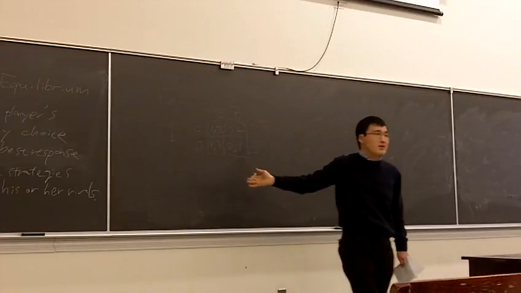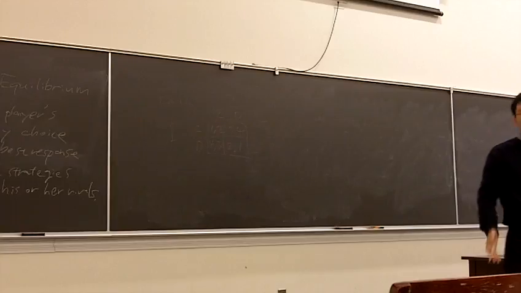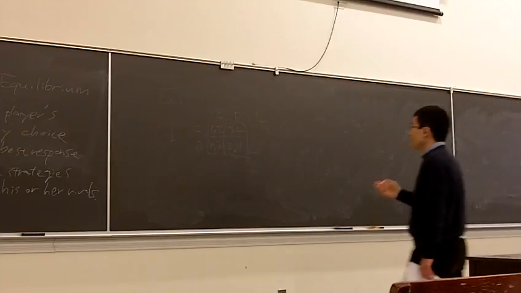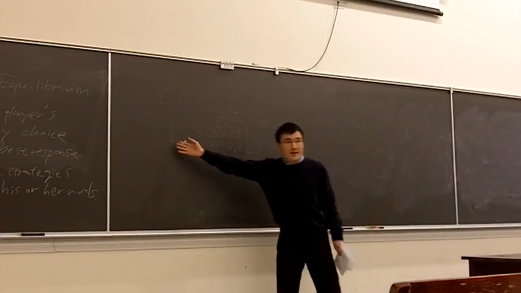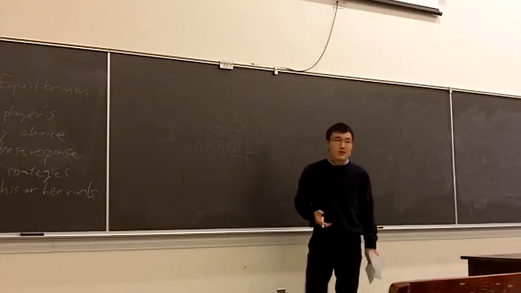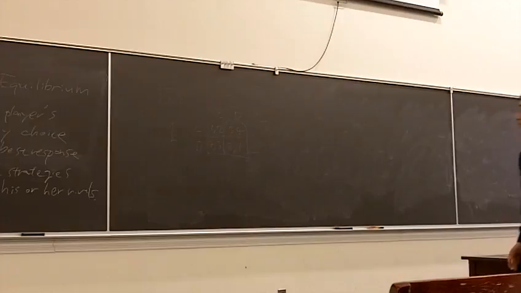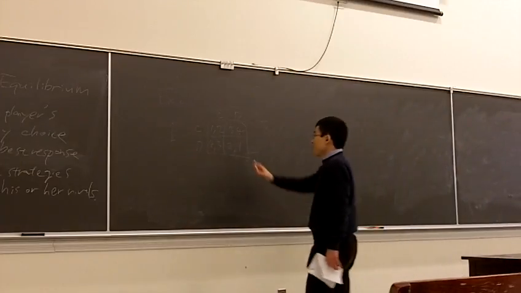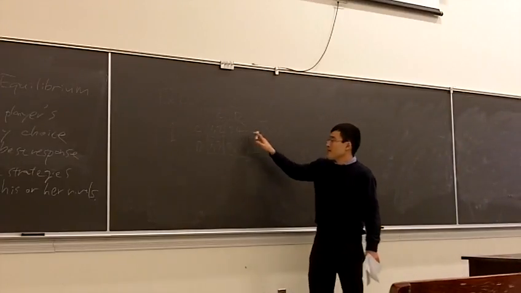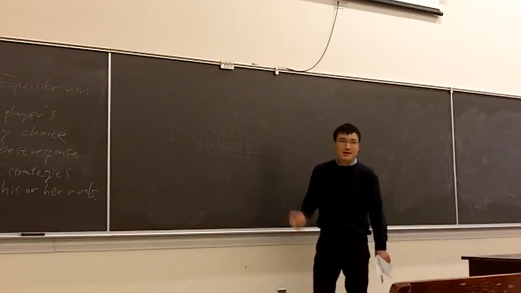Can you see this matrix from there? Here we have player 1 and player 2, and two strategies: one is strategy C, the other one is strategy D. And we have payoffs, which are 1, 2, 3, 4, 4, 3, 2, 1.